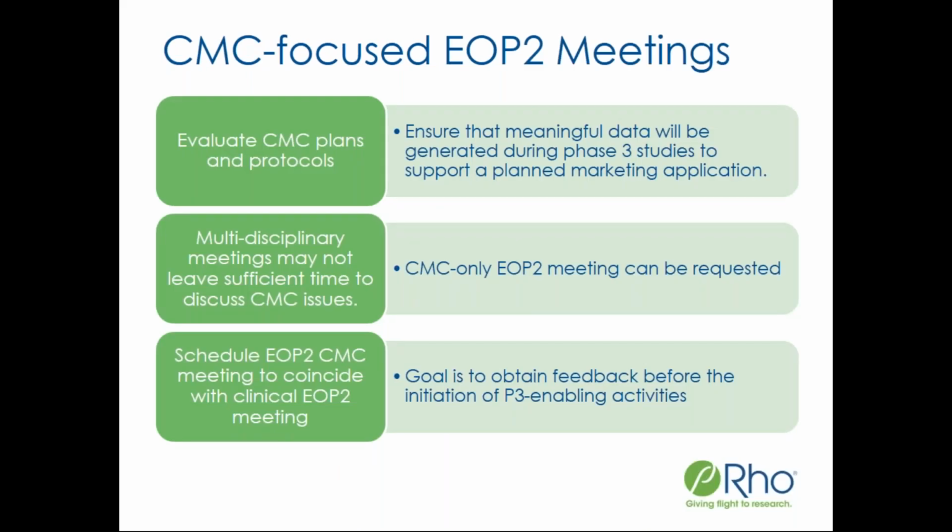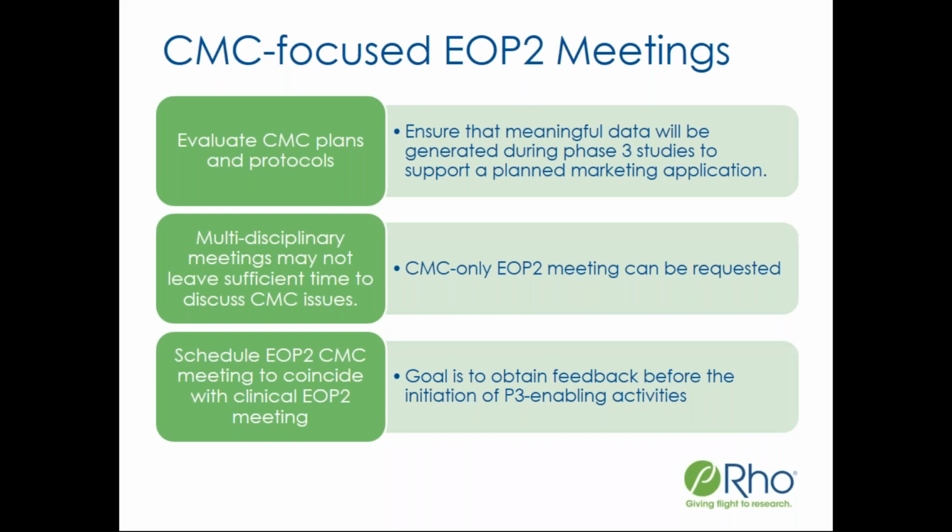And we also talked about the possibility already of having a CMC-focused end-of-phase 2 meeting. There's a lot to cover, and to be honest, I've seen more of this in the past 5 years than ever with the advent of gene transfer and more complex manufacturing schemes.